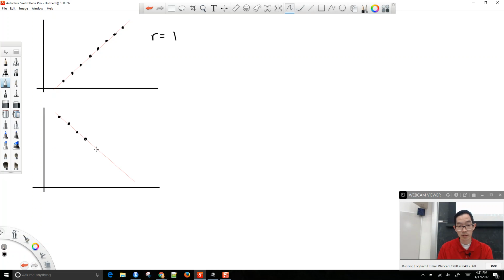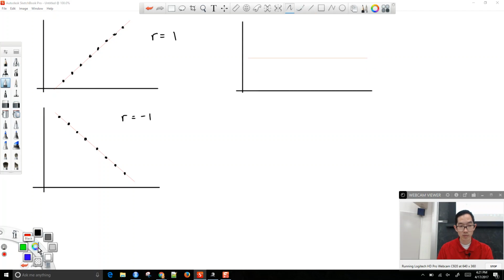All of these dots are supposed to be perfectly on the line. Here I have r is equal to negative 1. What do I have for r here?